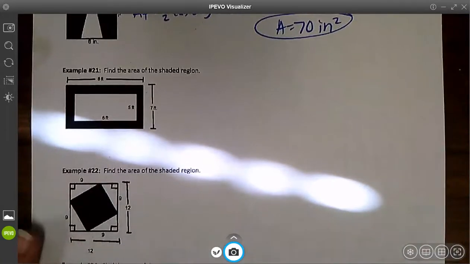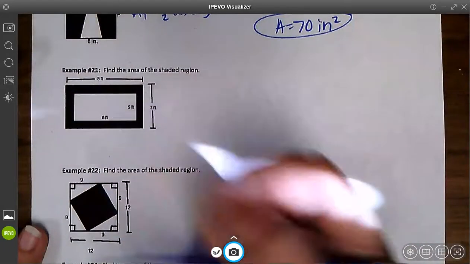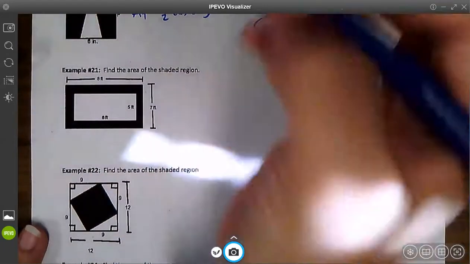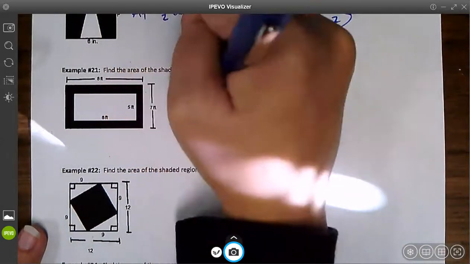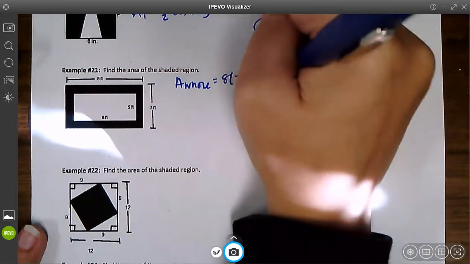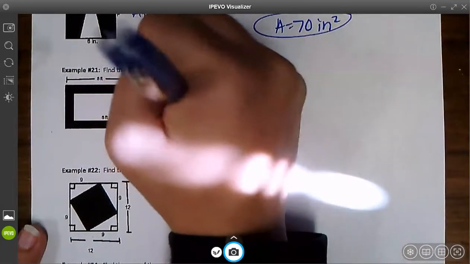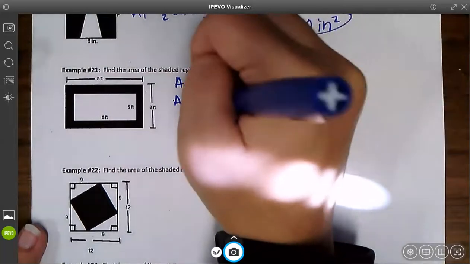The area of the shaded region here, I need to find the area of my whole rectangle and subtract the rectangle on the inside. So the area of my whole is going to be 8 times 7, which is 56. The area of the inside is going to be 8 times 5.